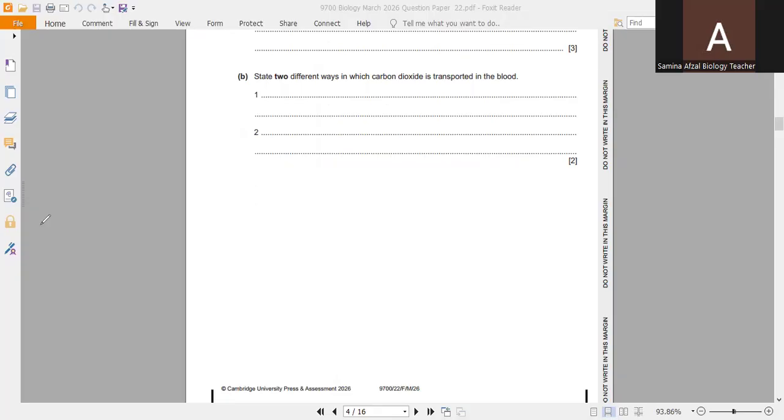So first is the hydrogen carbonate ions.